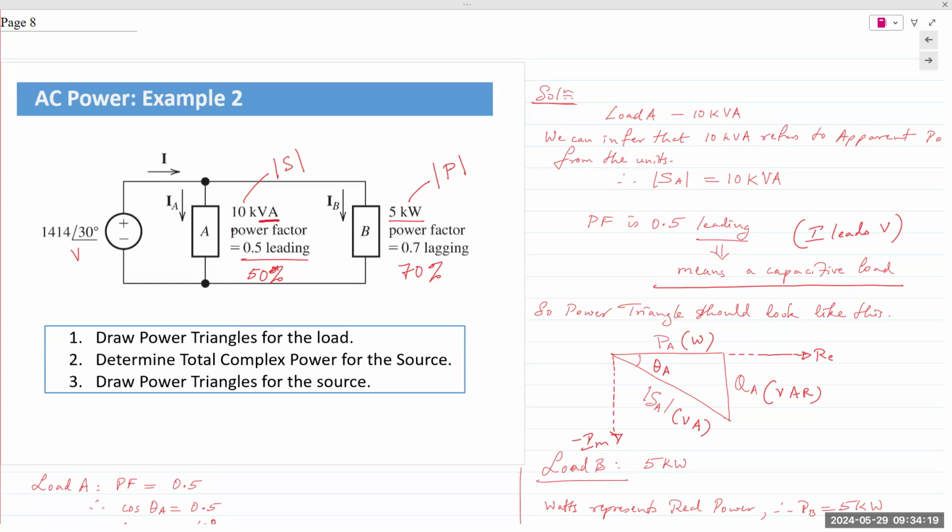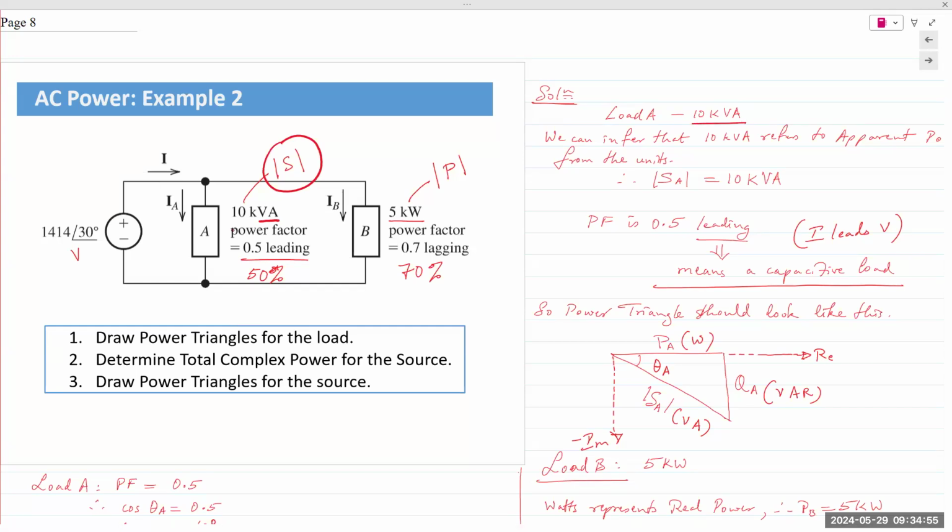So it means it's not P, it's not Q. VA simply means it's giving you the magnitude of the power. It's only giving you the magnitude of the power, not anything else. So 10 kilo VA, 10,000 volt ampere, is the magnitude of S for element A. That's the first thing.